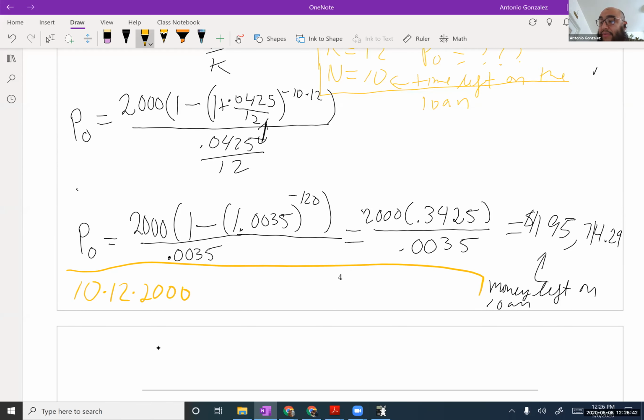If we do that, 10 times 12 times 2,000, we get $240,000. And again, keep in mind, those are not the same numbers.